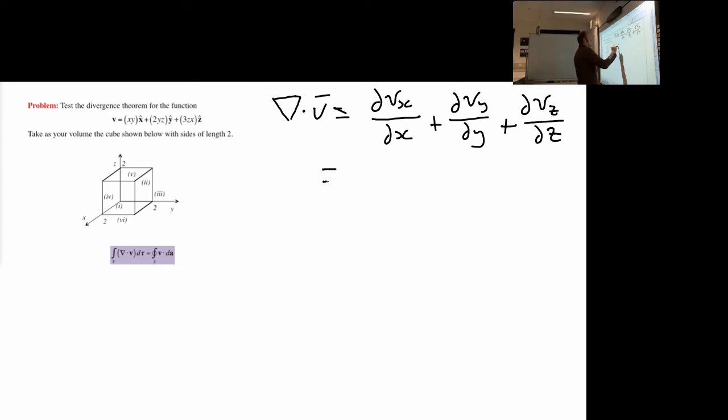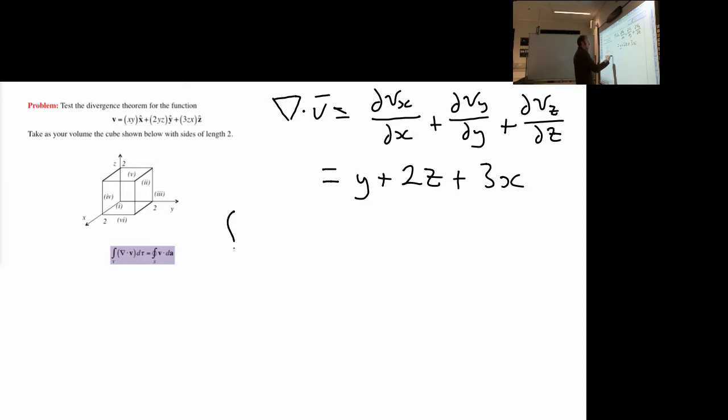So for the above function, what we get is y plus 2z plus 3x. Now we must integrate this over our volume element.